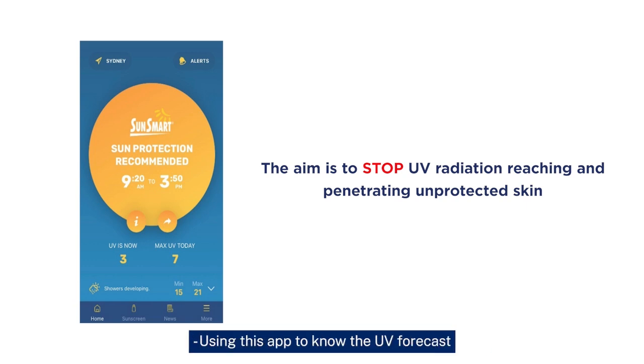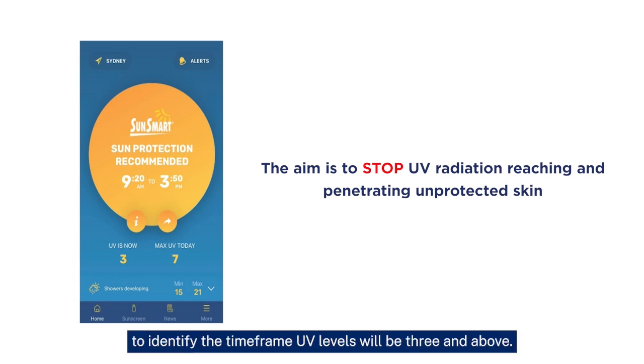Using this app to know the UV forecast for each day will assist you with managing workplace exposure, so including suitable work systems to monitor the forecast sun protection times daily for the outdoor workplace location to identify the time frame UV levels will be 3 and above.